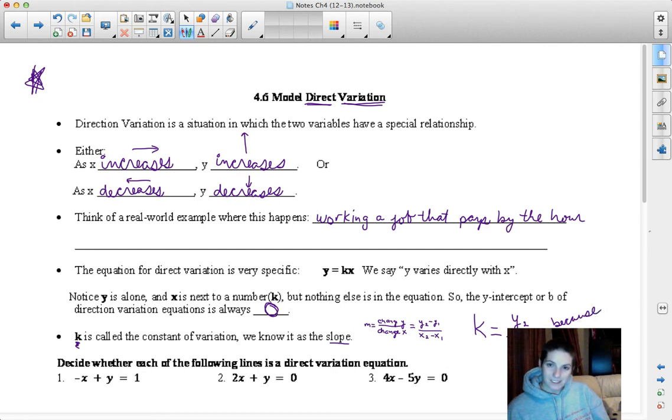Because the y-intercept is 0, 0. So this k slope can just be y sub 2 over x sub 2 because the y-intercept is at 0, 0.